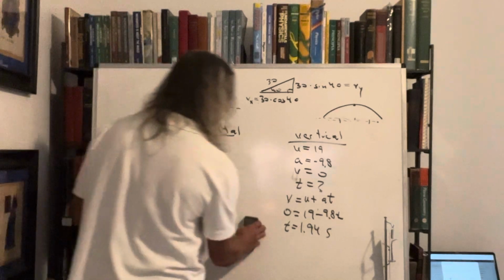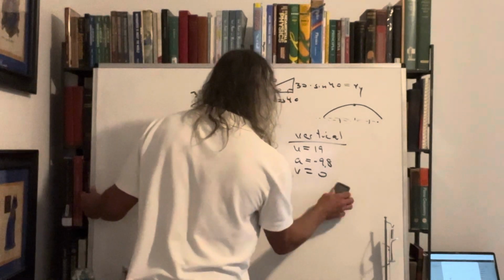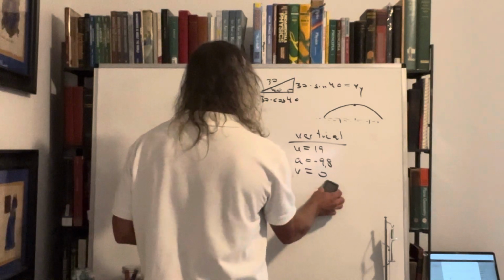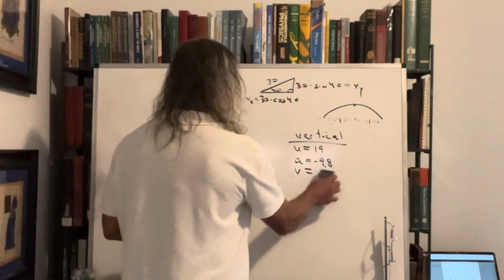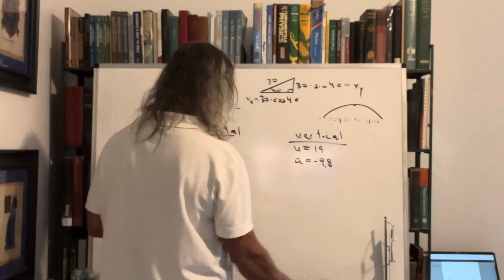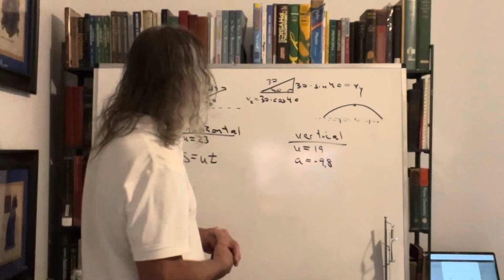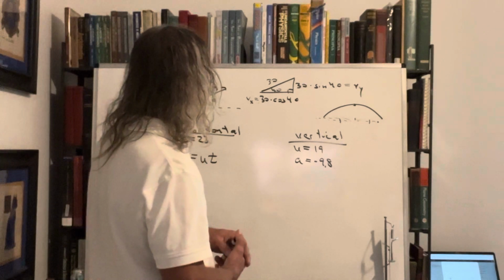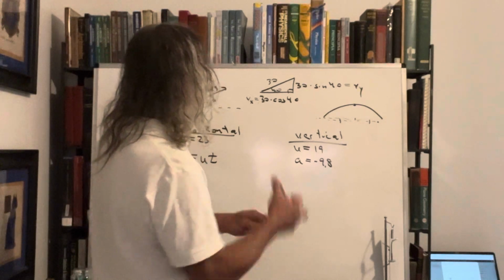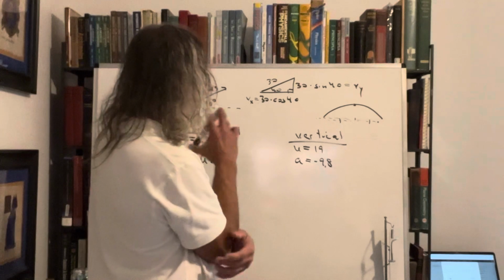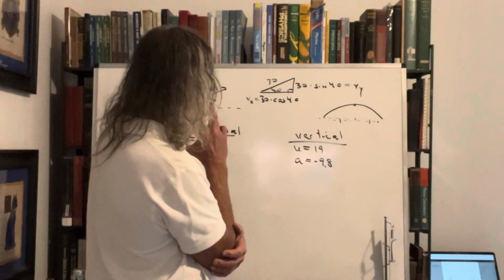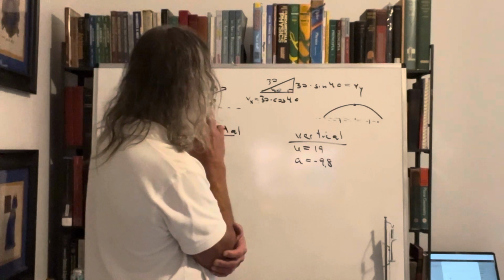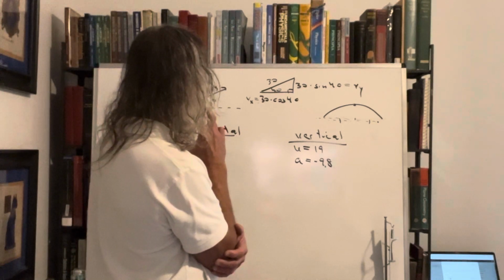So we could also do, we got U and A, and we got, maybe we couldn't do that, we don't have S. T, get the whole distance. Oh, maybe I could just do that. No, because that's the sideways thing. Up and down.